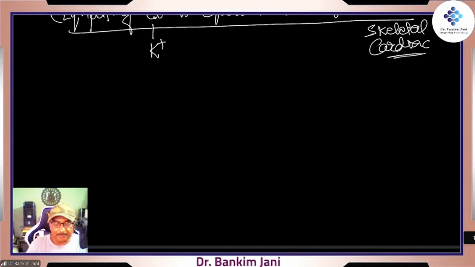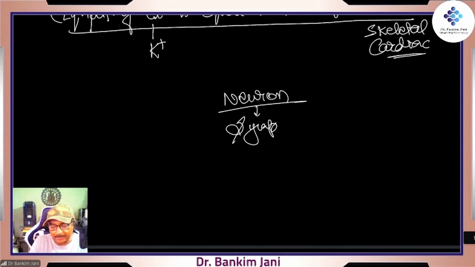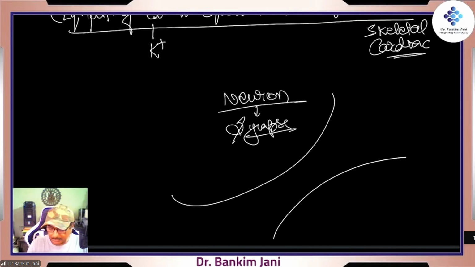Okay, so coming back to our neuron, and in the neuron we just see the synapse. Though I talked about it, say this is the upper and this one is the neuron. So in between, this space is the synapse.